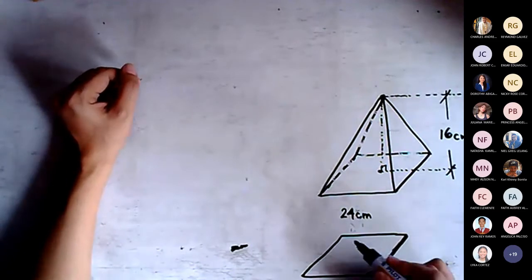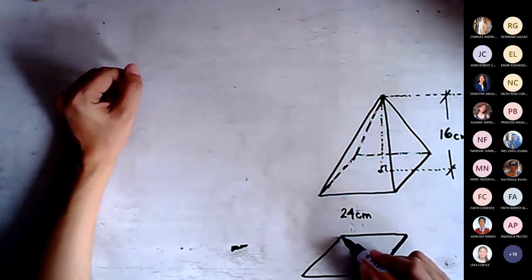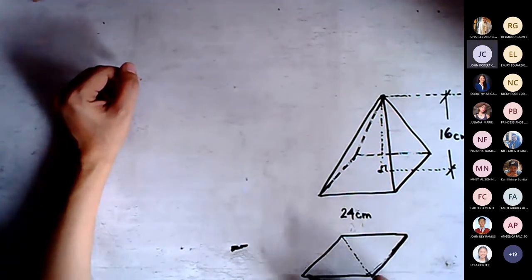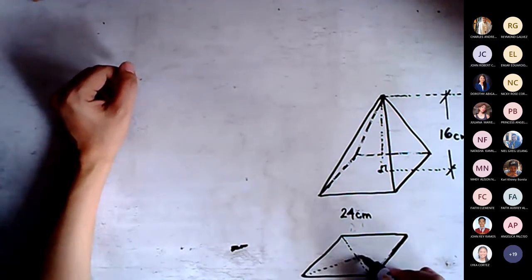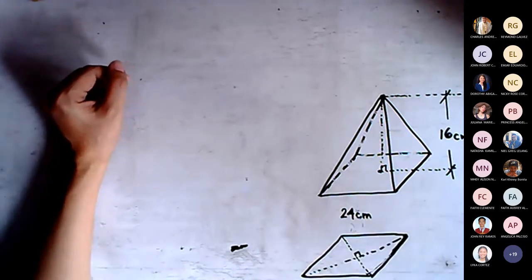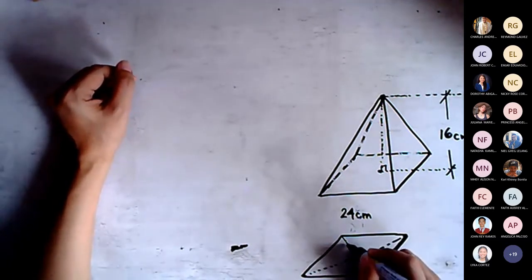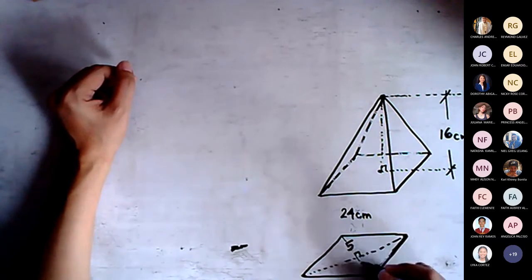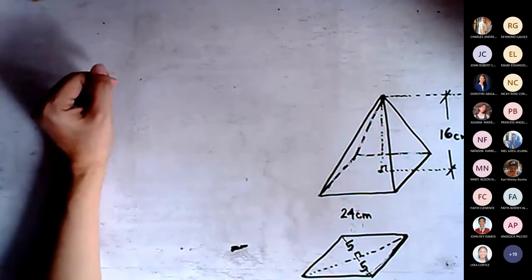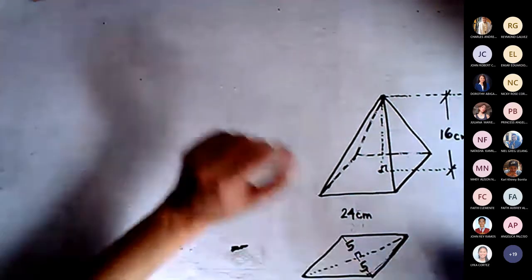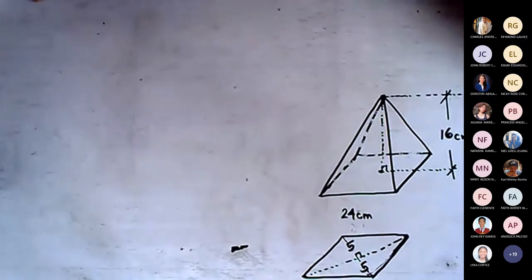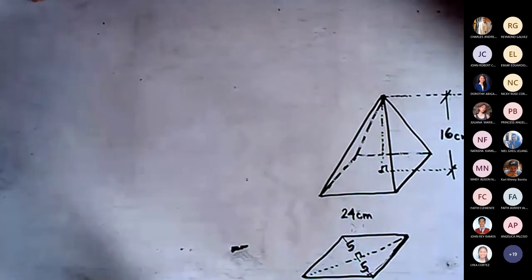And one of the diagonals is 10. So if we draw the diagonals, these are the two diagonals of the rhombus. And according to the problem, one of the diagonals is 10. So let us say this is 5 plus 5. Okay, so that is the base. And this one is our three-dimensional figure for the pyramid.